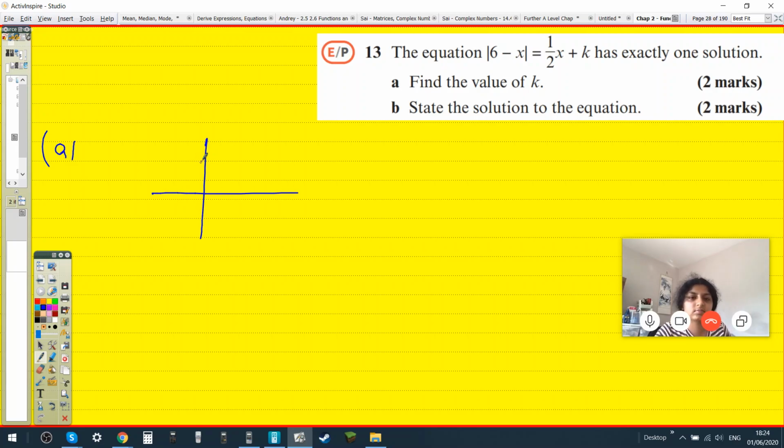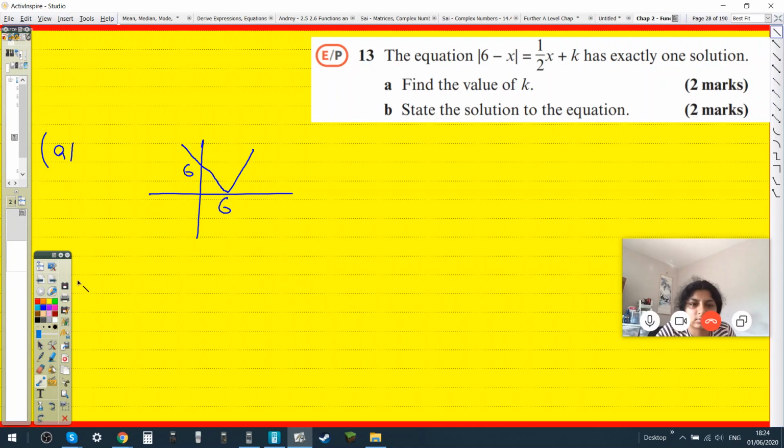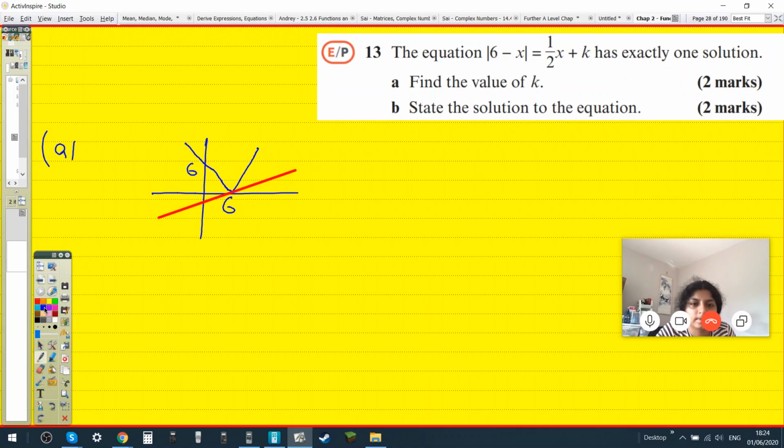So that's going to have a y-intercept of 6, and then an x root of 6. A half x plus k is going to look something like that. And if they have only one root, then it has to go through that point.